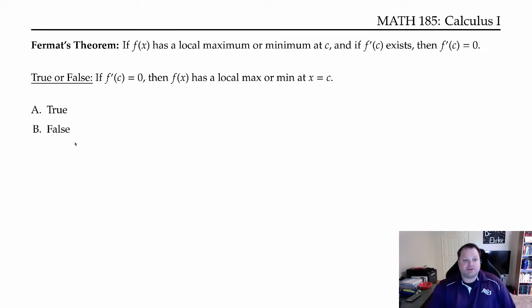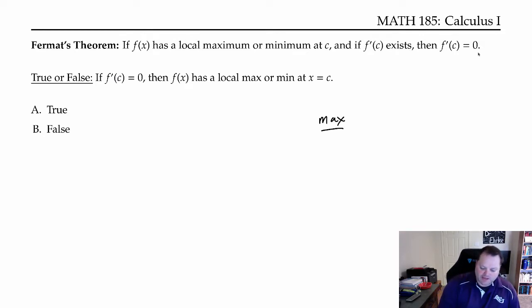All right, so this brings us to an important theorem. It's known as Fermat's theorem. It says if a function has a local max or min at c, and if the derivative exists at c, then the derivative is 0. In other words, you can think of it this way.